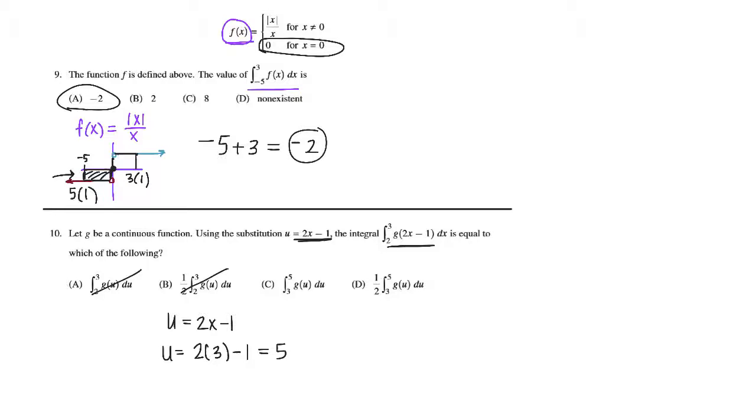So we don't have to worry about finish checking that. Now the other thing is once we let U be 2x minus 1, we have to see, well, what is du going to be, which is 2 dx. And so notice we're going to have to balance that 2 with a 1/2 on the outside, which means I have answer choice D.